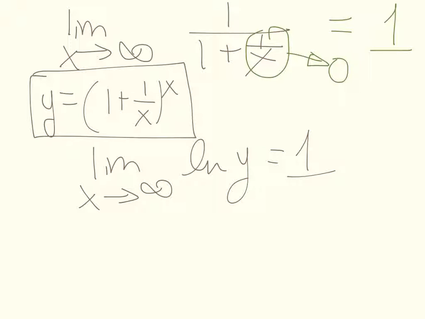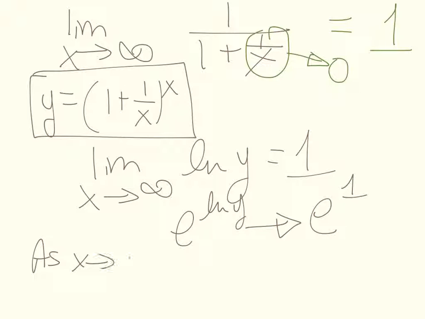So in order to undo the ln, we have to take e to the power on both sides. So e to the ln of y goes to, in the limit, e to the 1. In other words, as x goes to infinity, y approaches e. And that is the final answer.